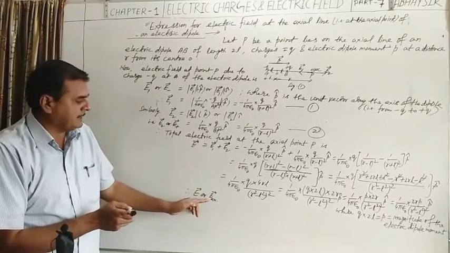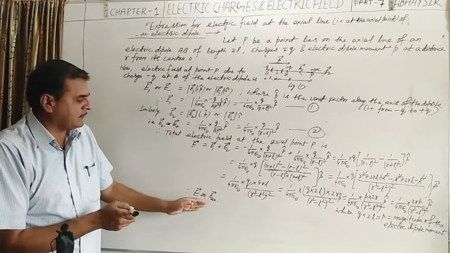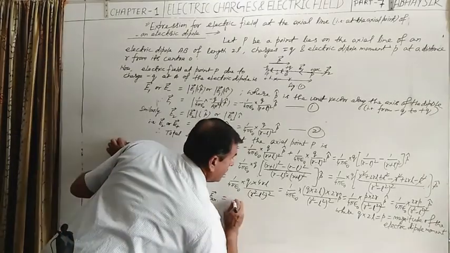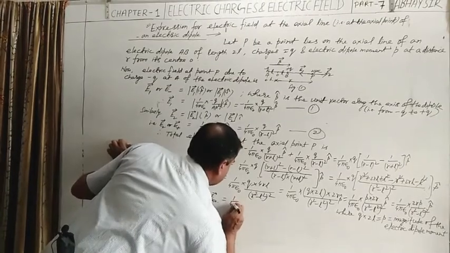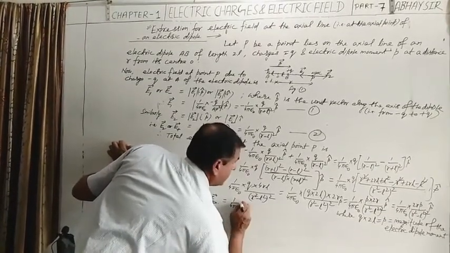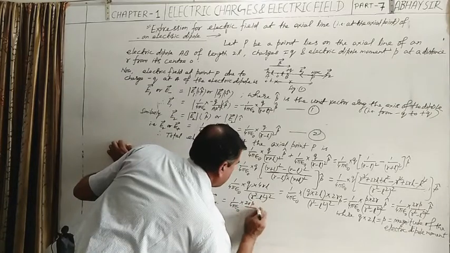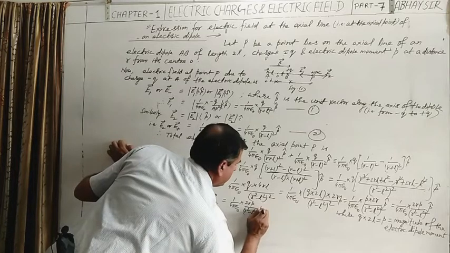So we can also write E vector axial is equal to 1 by 4 pi epsilon naught 2rp upon r square minus L square P cap.